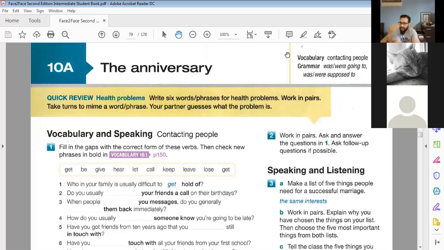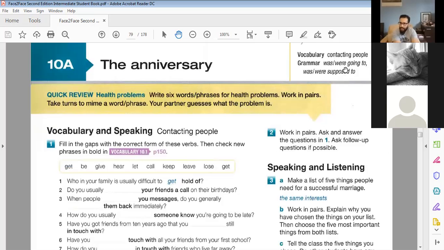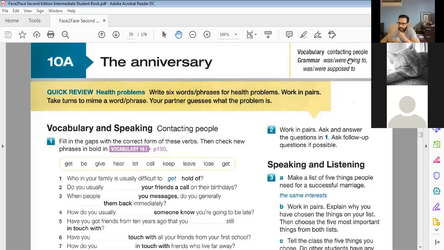Okay, so in this lesson, the focus is contacting people. I think it's a fairly straightforward topic. The grammar is nice. We're going to discuss how to use was going to, were going to, was supposed to, were supposed to. I think these two grammar rules summarize Libyan society and Libyan culture, right?